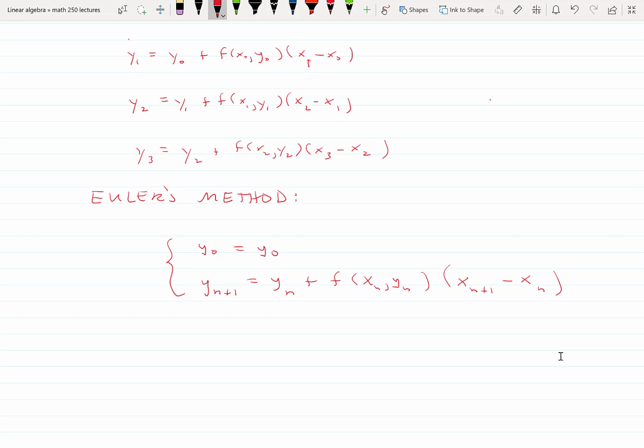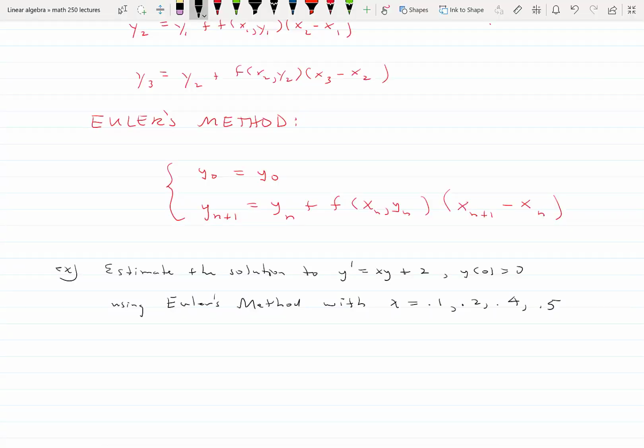Okay, so let's solve a problem. Let's estimate the solutions to a problem. So here's our problem. Estimate the solution to y prime equals xy plus 2, y of 0 equals 0, so there's our initial condition, and there are our target x values.